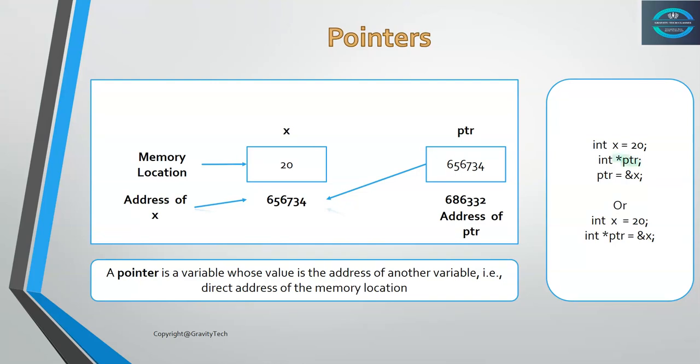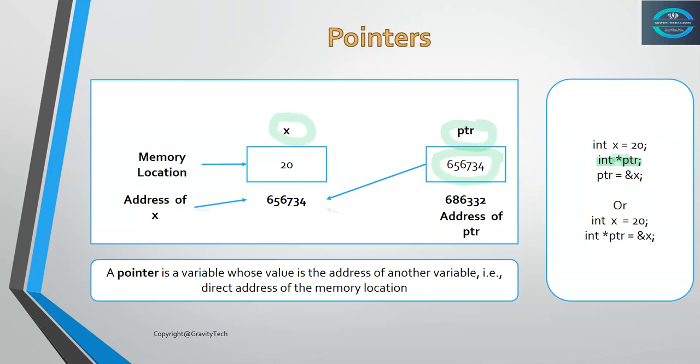Actually, ptr is a pointer which is going to hold the address of an integer. So in this case, the pointer is a variable which will hold the address of an integer.